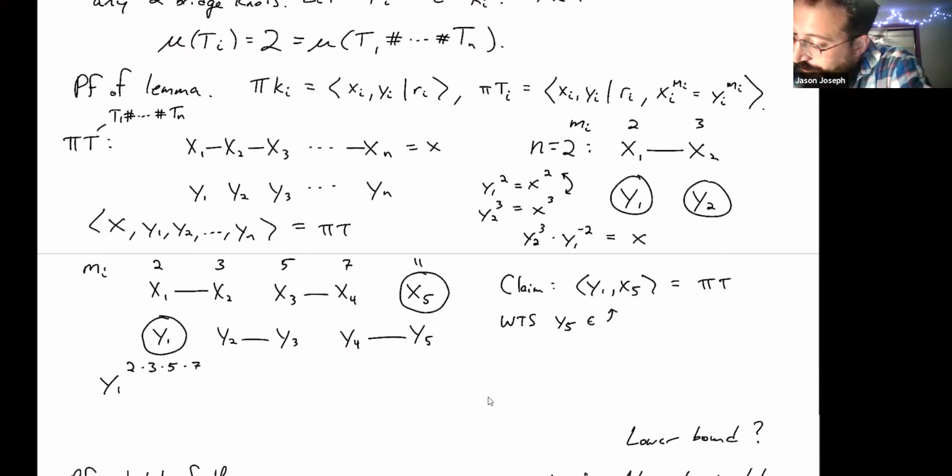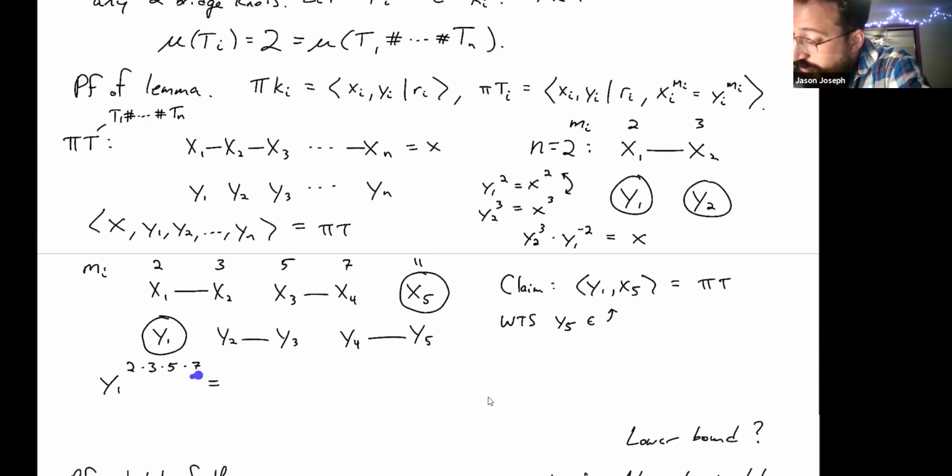Okay, so let's talk about this first. This is equal to x1 raised to that power, because the exponent is a multiple of 2. x1 is the same as x2, and so it's the same as y2 raised to that power, the same as y3. And we're raising it to a multiple of 5 as well, so this is equal to x3 raised to that power, which is equal to x4.